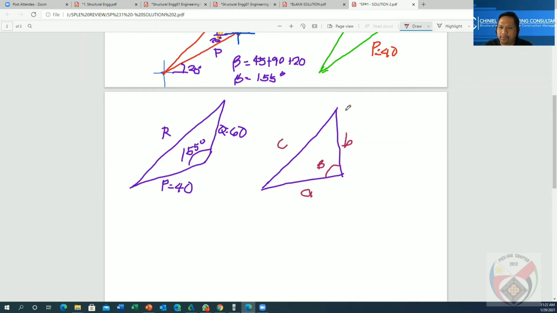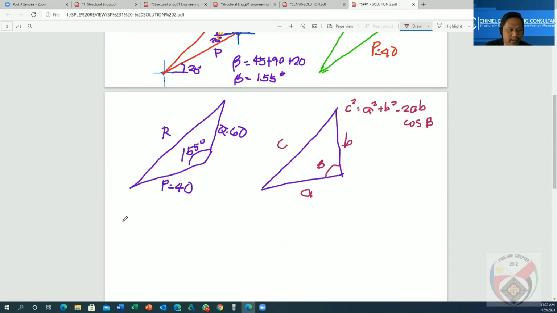So C squared equals A squared plus B squared minus 2AB cosine of beta. So ito yung gagamitin natin. This is the cosine law. So if we're going to apply it here dito sa diagram natin, C is R, di ba?